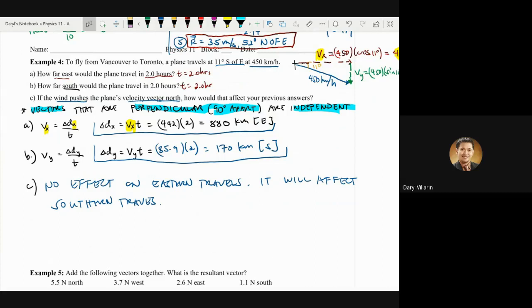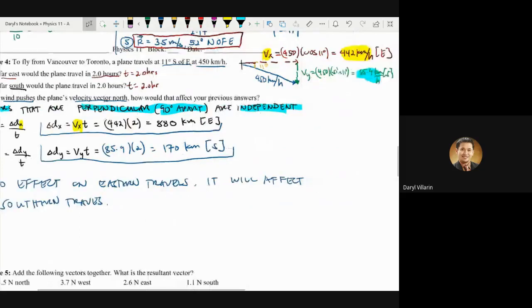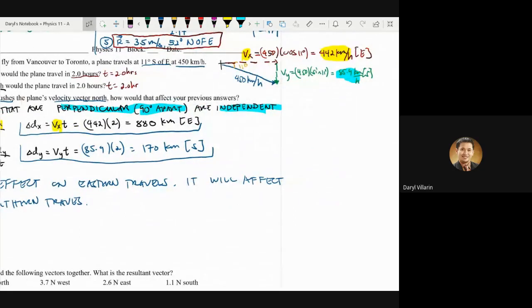For example, here the given is 11 degrees. This is a measured value, so therefore that would count. You have 2. 450 has 2 also, as well as 2.0 here has also 2. So the final answer should be 2. I wouldn't mind if you have somehow rounded off certain numbers here.